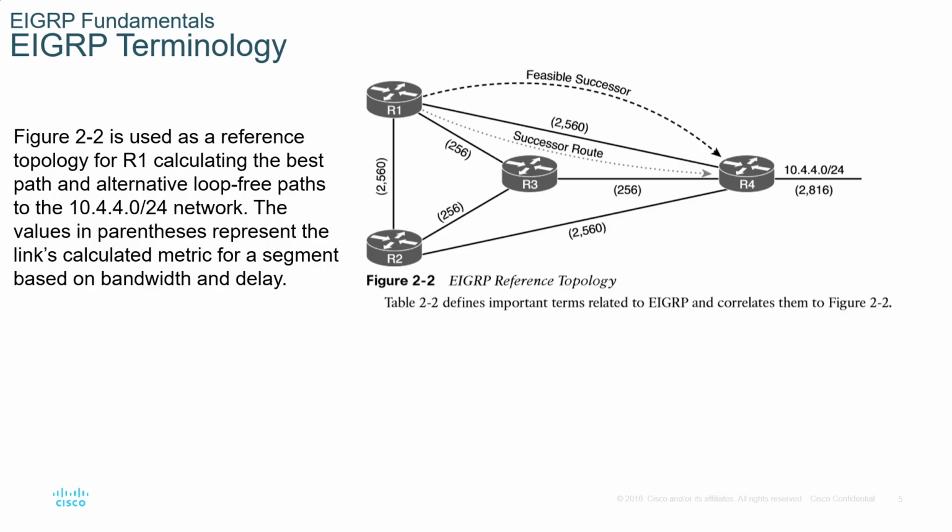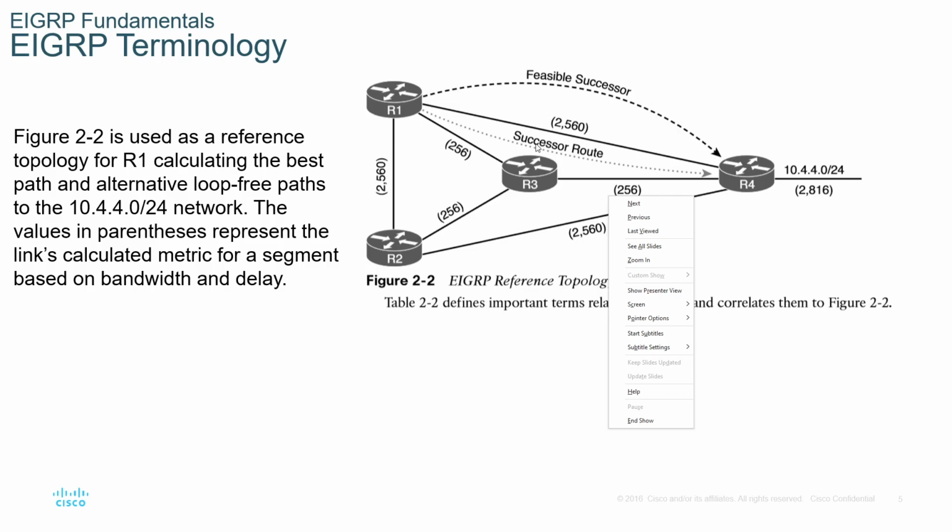So think of this as the cost. All right, it's EIGRP's metric. So based on a calculation, it comes up with a value, and then you add the values together to get your best path going through.